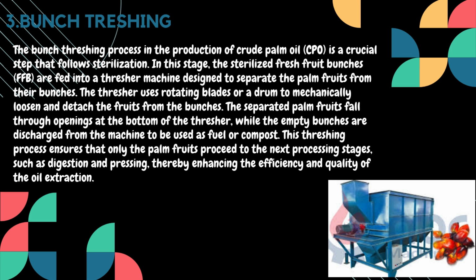The separated palm fruits fall through openings at the bottom of the thresher, while the empty bunches are discharged from the machine to be used as fuel or compost. This threshing process ensures that only the palm fruits proceed to the next processing stages such as digestion and pressing, thereby enhancing the efficiency and quality of the oil extraction.